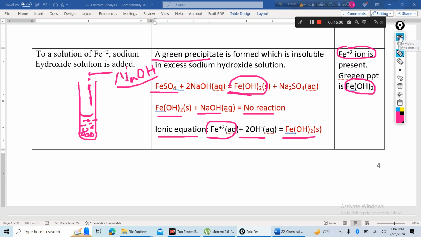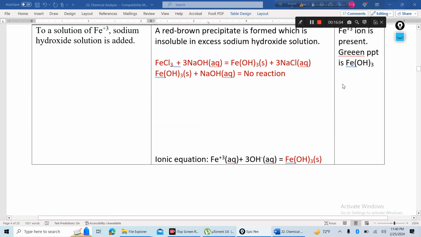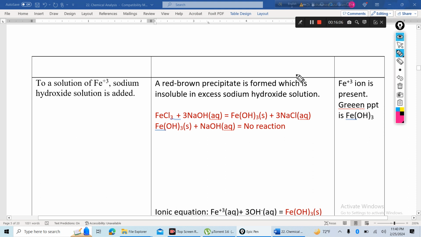Now next, the test for iron 3 ion. Iron has two oxidation states, one is iron 2, another is iron 3. As iron is a transition metal, to a solution of iron 3 salt or iron 3 compound, the same reagent, sodium hydroxide solution, is added.